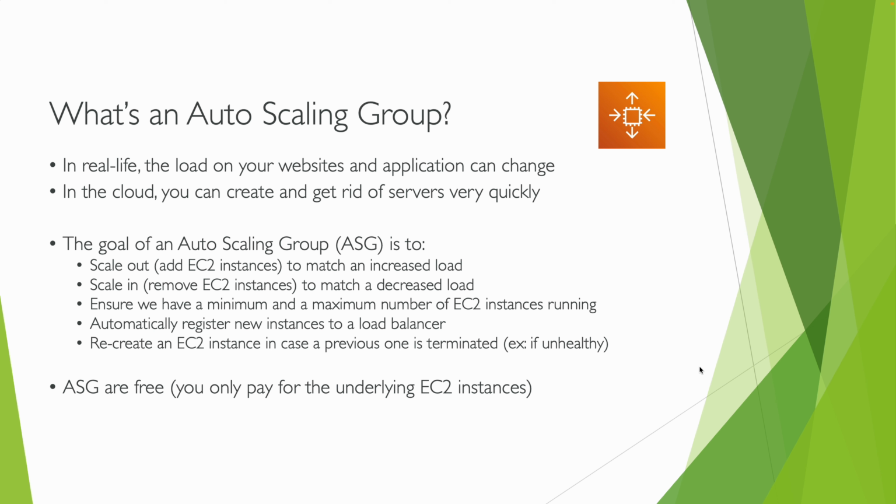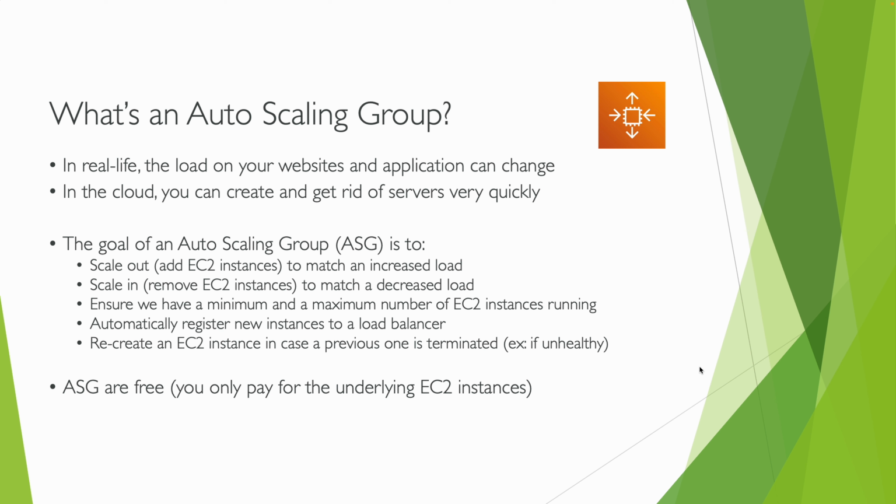In the previous classes, we created some instances and manually attached them to our load balancer. In an auto scaling group, that must be done automatically. We'll see how to do that in the coming classes, when we do a hands-on on the auto scaling group.